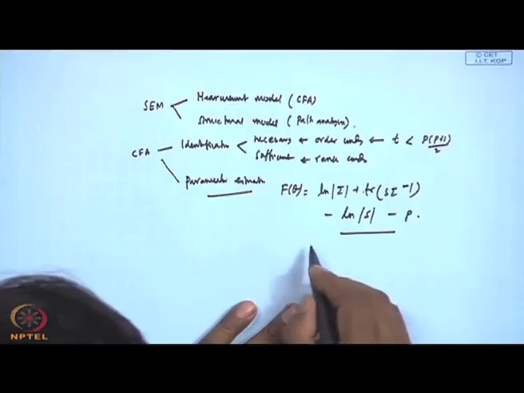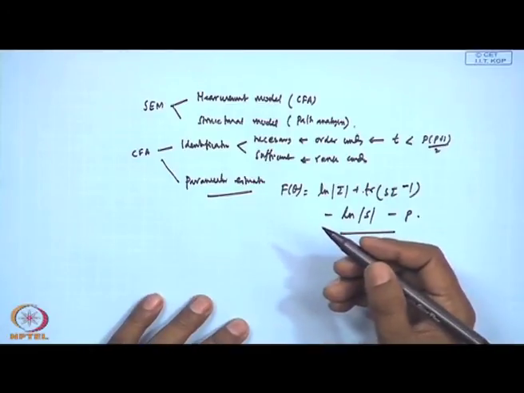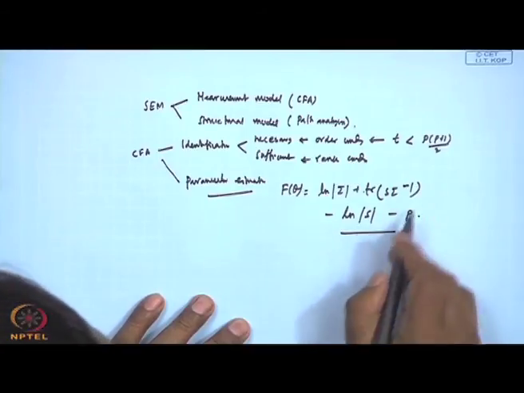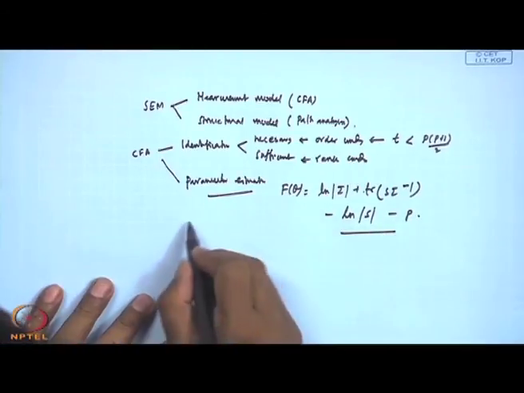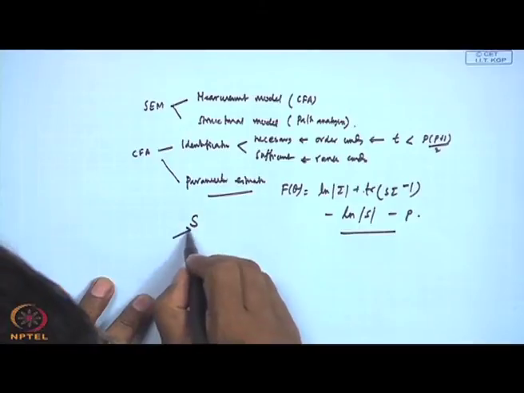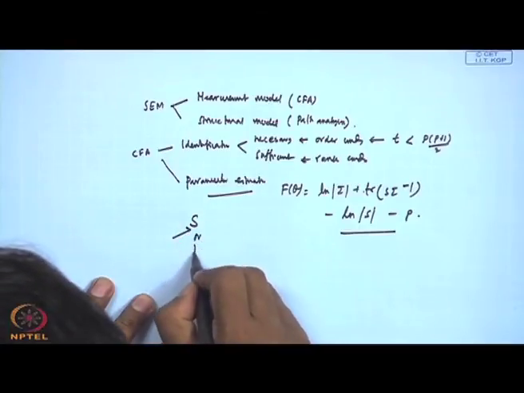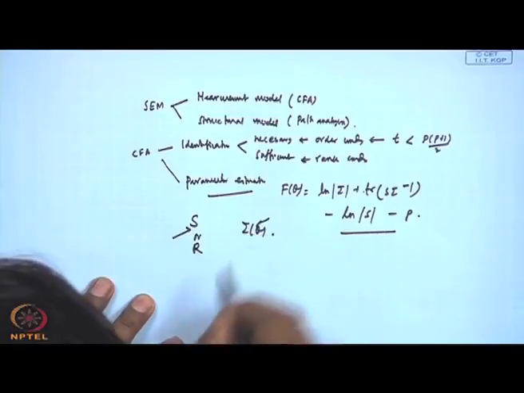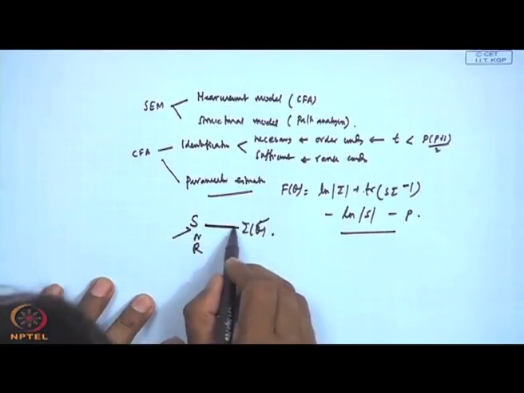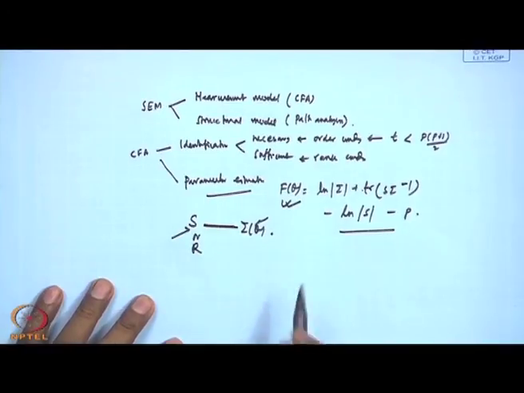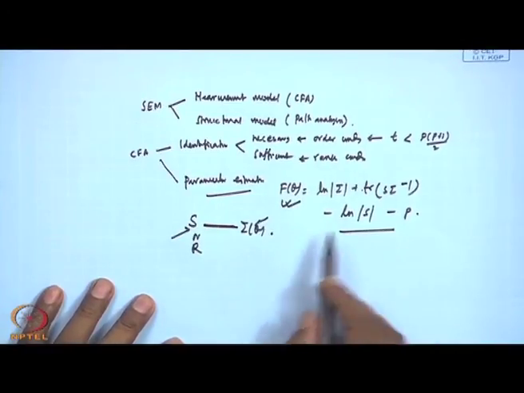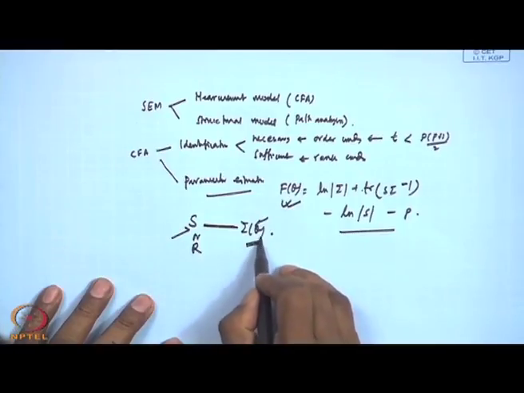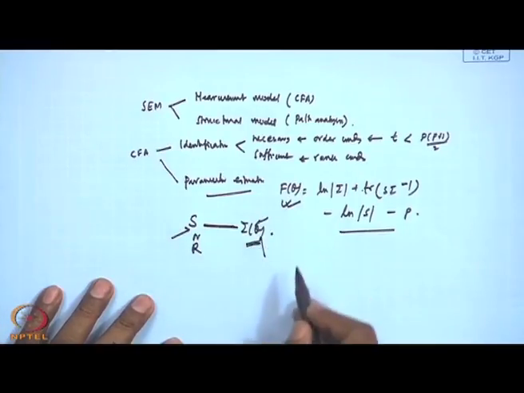This function is minimized through Newton-Raphson or a similar method, and then the parameters are estimated. We have sample data in terms of S or R, and we have the population value in terms of sigma theta. We try to match these two, and using this function the best match is considered, and the corresponding theta values are used.